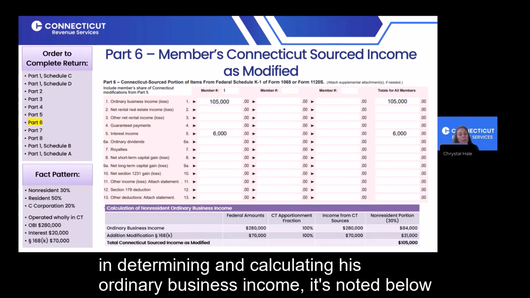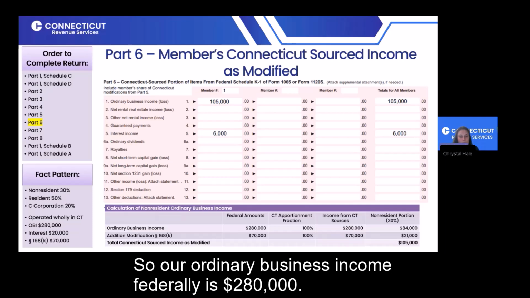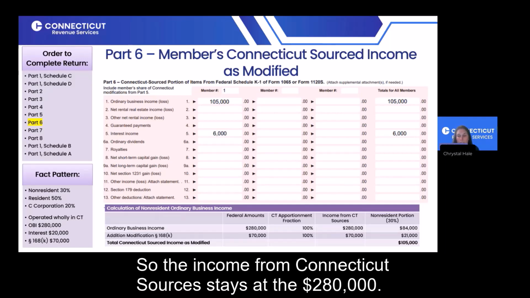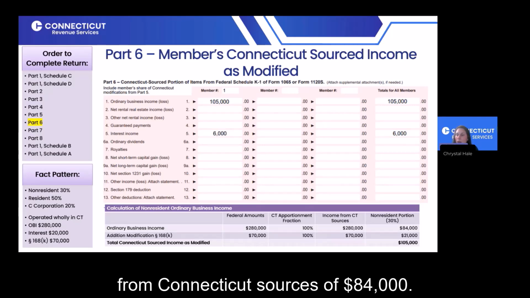In determining and calculating his ordinary business income, it's noted below because we have to incorporate his Connecticut source modifications as well. So our ordinary business income federally is $280,000. Our Connecticut apportionment fraction is 100%, so the income from Connecticut sources stays at $280,000. The non-resident has a 30% share, so he's receiving ordinary business income from Connecticut sources of $84,000.